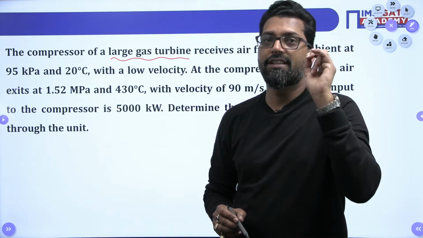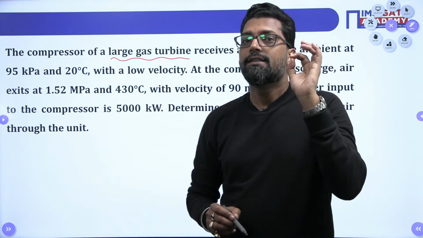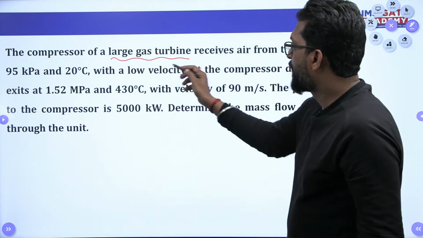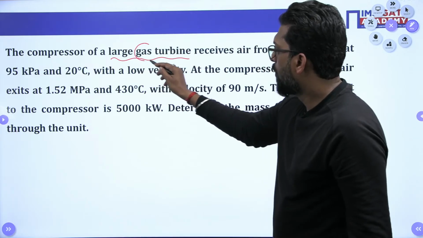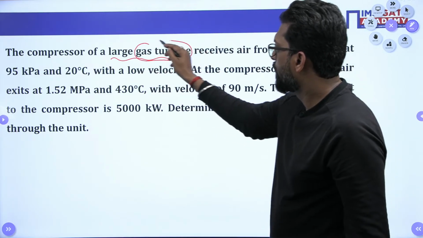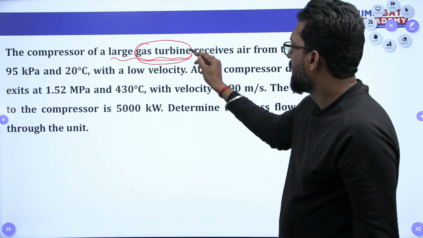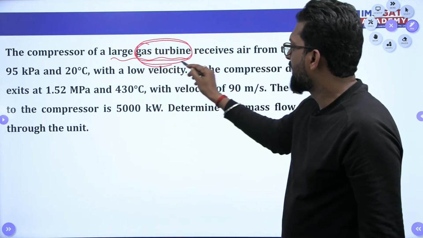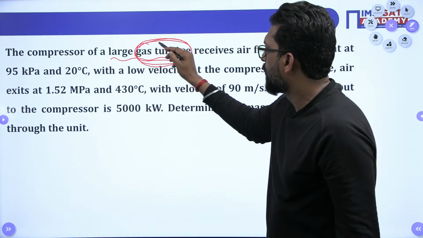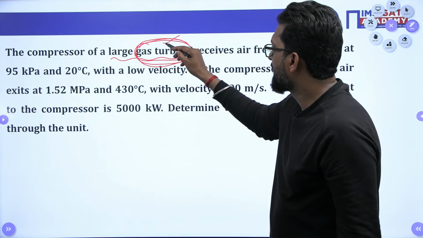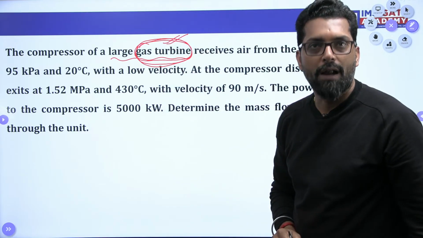One is the phase changing fluid, the other is the single phase fluid, working on a cycle called the Brayton cycle, which is the gas power plant.